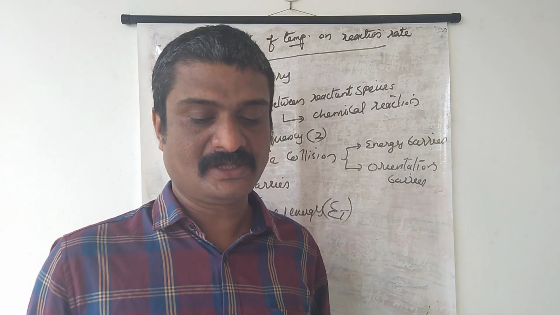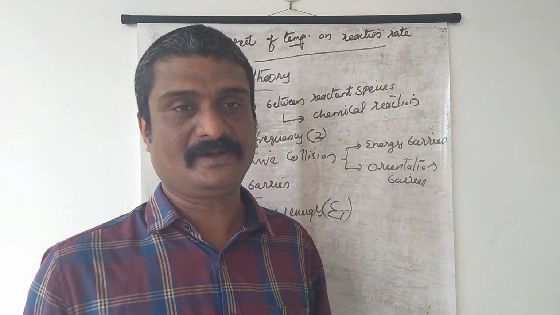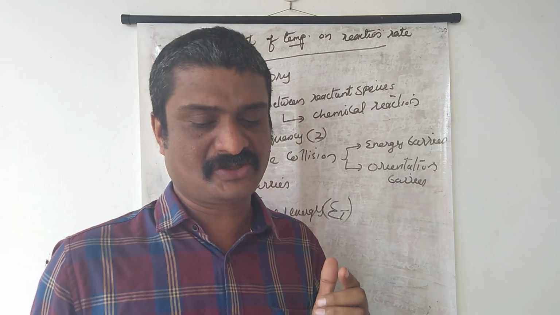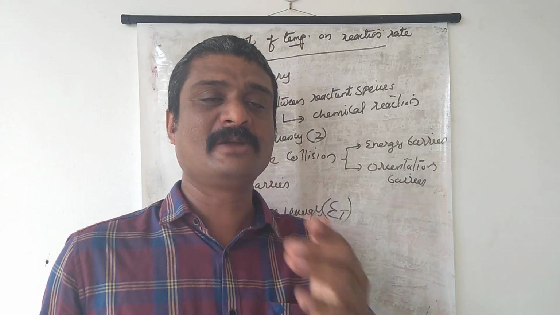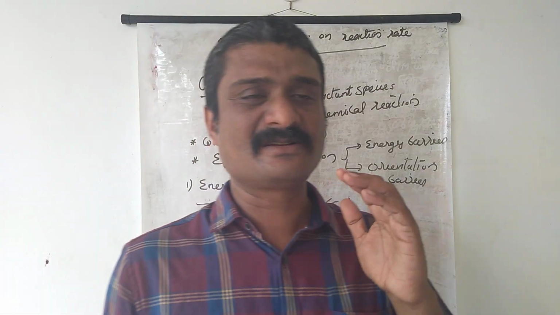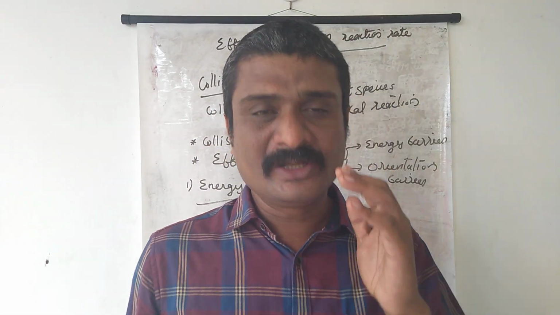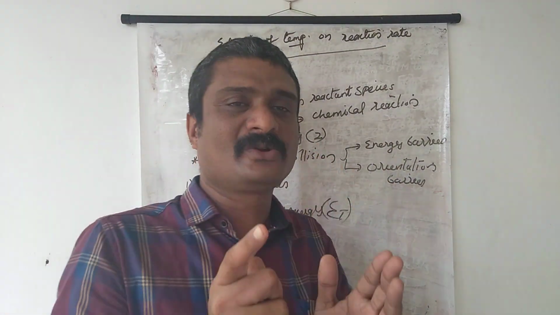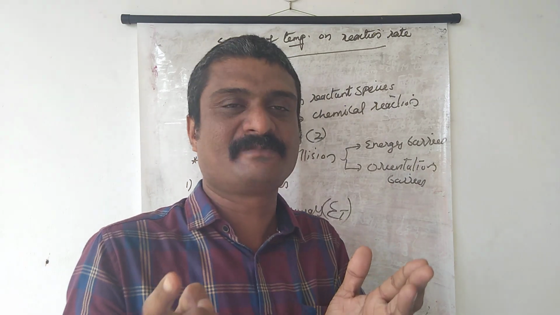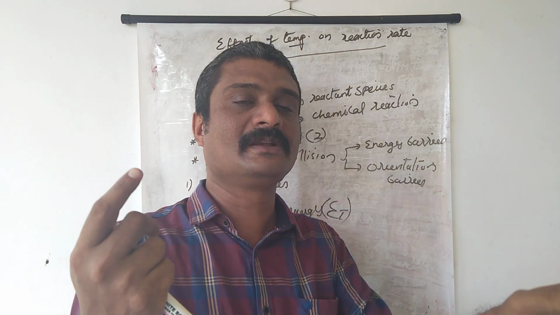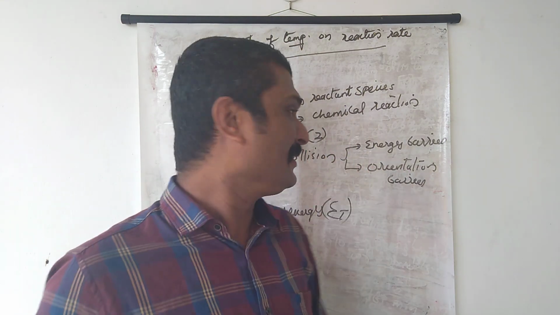This means that only those collisions of reactant species which possess the minimum amount of energy, that is threshold energy, will give a product. Due to the effective collision, the bonds between the reactant species may break and new bonds are formed. That means we will get products.